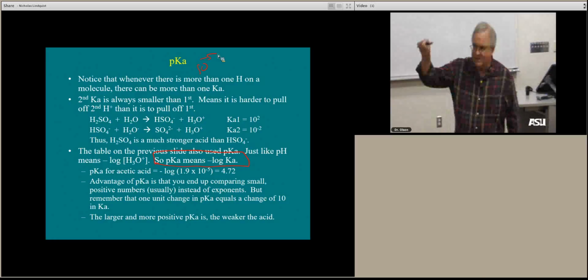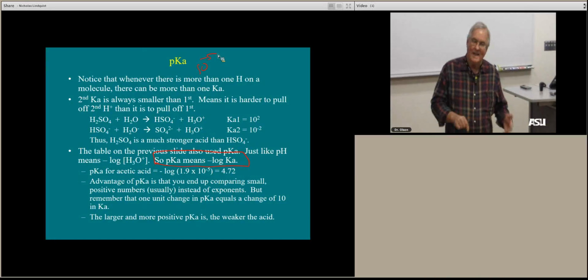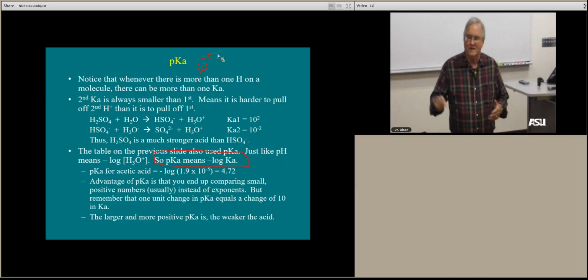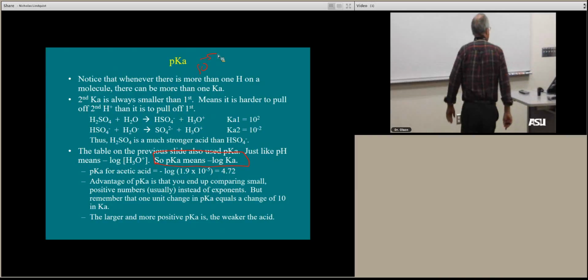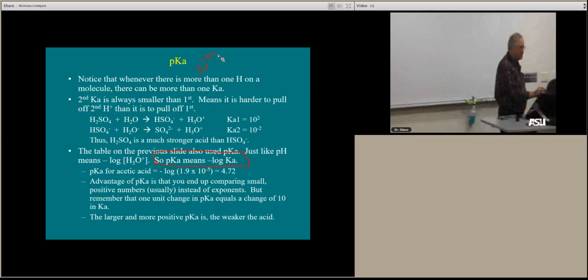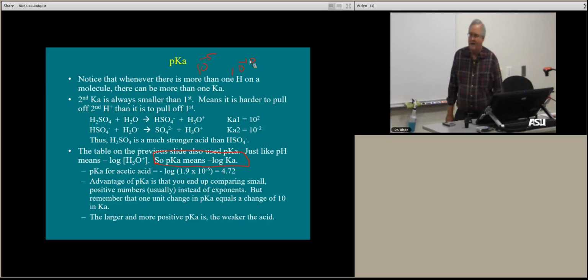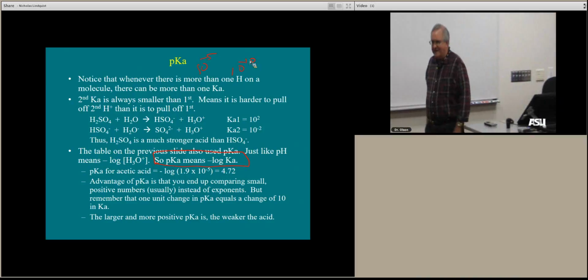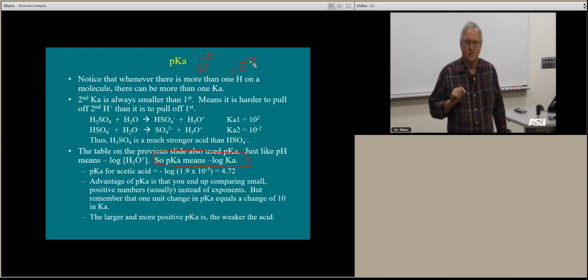Because that's what the exponent is. But the p means it's the negative logarithm. So minus a minus 5 would be plus 5. And conversely, if I have a Ka of 10 to the minus 10, what's the pKa? 10.